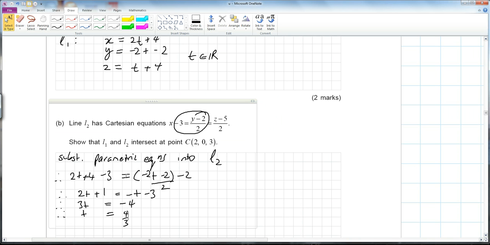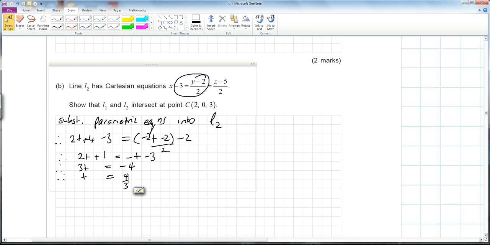Okay, so substituting that back in. Oops, I made a bit of a mistake back up here, so let's quickly correct that. That should be t minus 2 over here, so that becomes minus 3, so t equals minus 1.